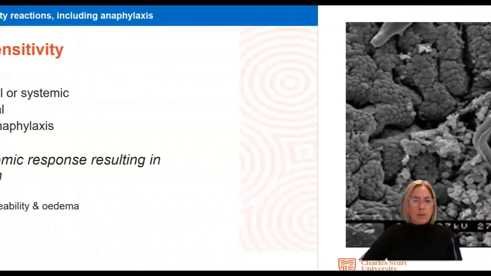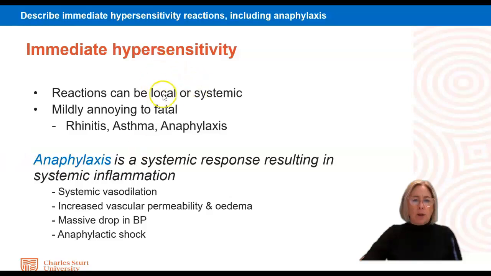Now, these immediate hypersensitivity reactions can be local, confined to one area, or they can be systemic. They can be just mildly annoying to fatal. So rhinitis is pretty annoying, runny eyes and nose. You can also get asthma, which is an immediate hypersensitivity reaction in the airways. And also, a very serious life-threatening condition called anaphylaxis.